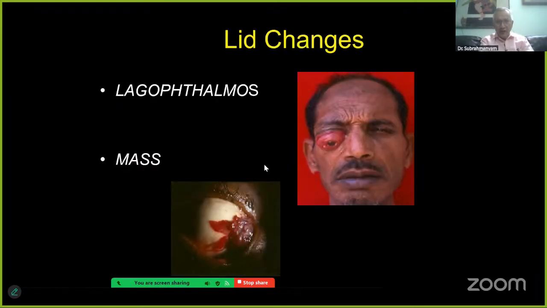There could be lagophthalmos, and it could be seen in different conditions. Here is a case of metastatic proptosis due to metastasis from thyroid, and you can see a lid mass lesion which can have an orbital extension.